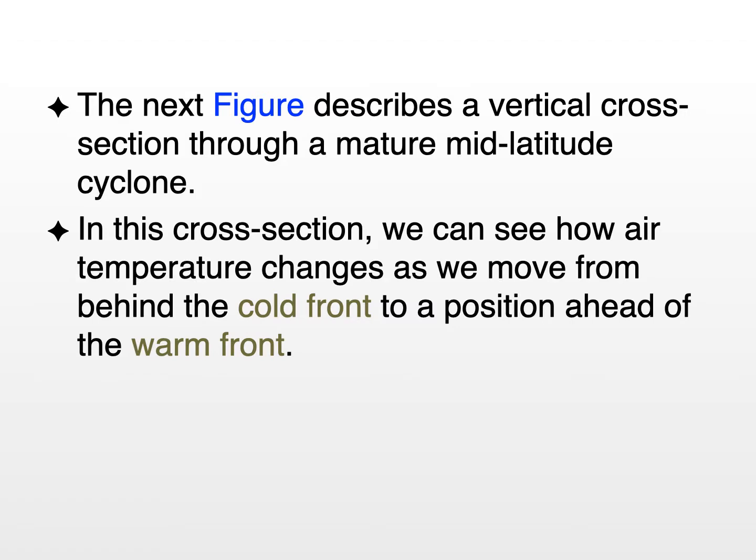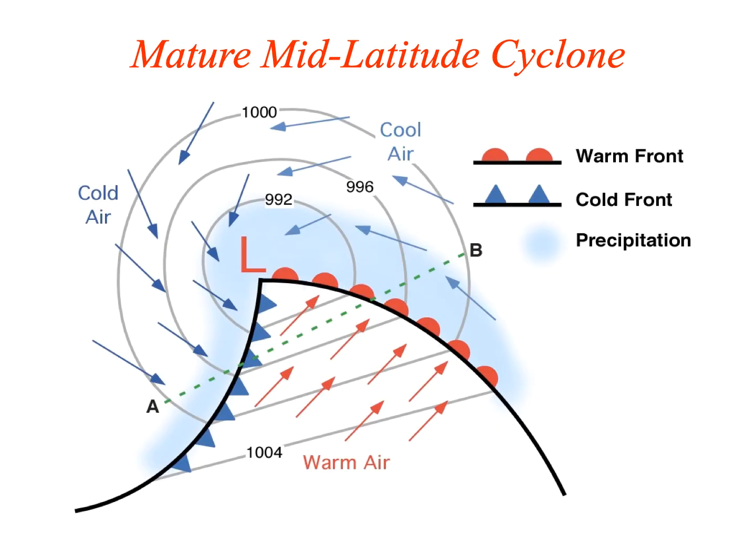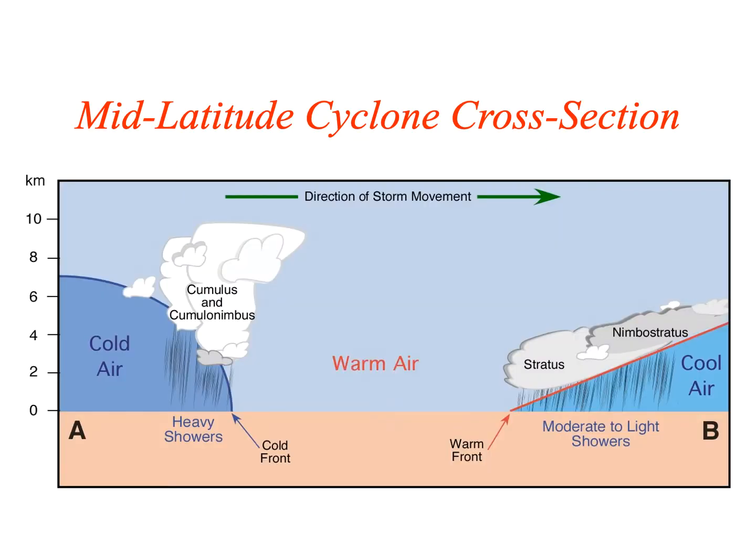So let's do a vertical cross-section through a mature mid-latitude cyclone and examine the structure of the fronts, and in particular the cold and warm front. So we're going to do a cross-section from the previous diagram that I showed you, from A to B, and look at the differences in the air masses and the types of clouds that form. So along a cold front, we mainly have cumulus and cumulonimbus clouds.